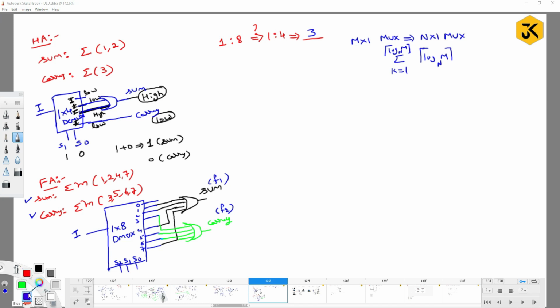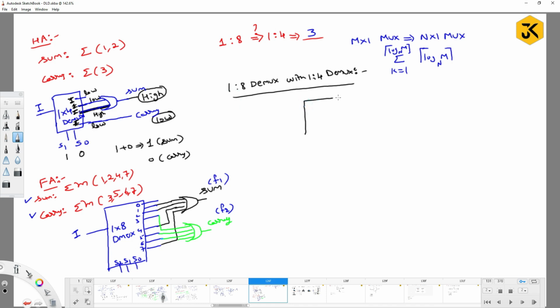Now, for example, if I would like to implement a 1 by 8 DeMUX with the help of 1 by 4 DeMUX, how can we do that? Let us take how many outputs we require. We require 4 outputs.